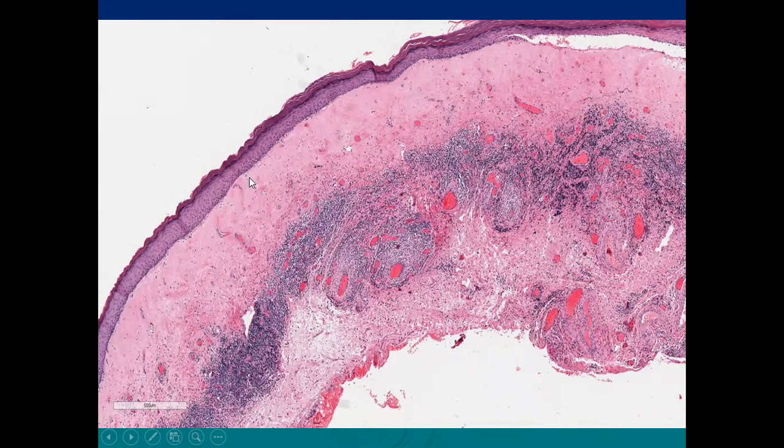So these collagen bundles are all smudged into each other, giving a hyalinized appearance. And then there is a third zone, which is a zone of inflammation, a band-like zone. So these typically three zones are a feature of lichen sclerosus et atrophicus. That is the epidermal thinning, the zone of hyalinization, and then a band-like lymphohistiocytic infiltrate.